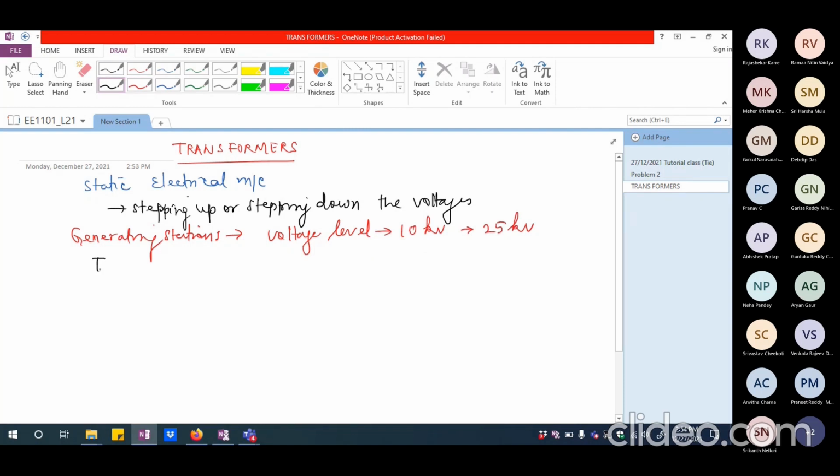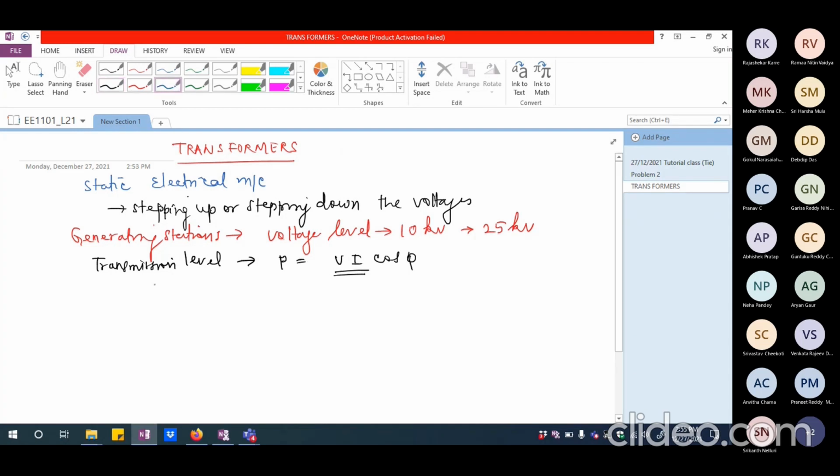Whereas when you look at the transmission level voltages, as I told you earlier, the power being transmitted is a product of voltage and current. Of course, there will be the cosine of the angle between these two. But voltage and current ultimately determine how much power is being transmitted.